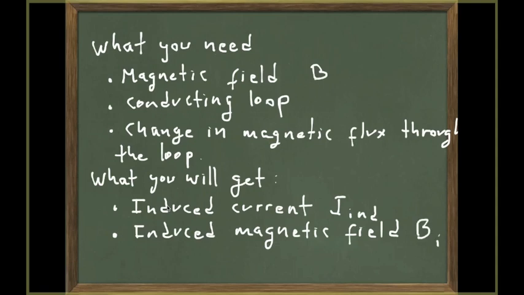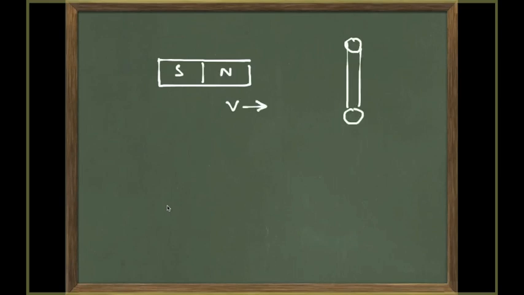So let's look at a particular example, just like in the demo. Let's say that you have a south pole and a north pole, and the magnet is moving with velocity v towards a loop that I'm going to diagrammatically represent here by having a loop cut in half. There's going to be a current flowing here. I'm going to specify the direction of the current on the top and at the bottom of the loop.